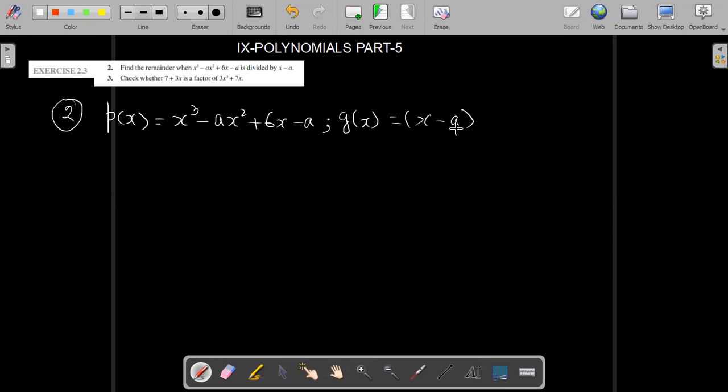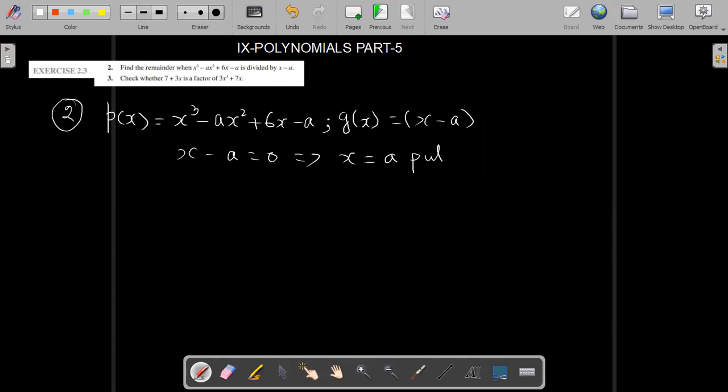Okay. So as per the remainder theorem, we will find the value of x by equating the divisor to 0. So x minus a is equal to 0, which gives us x is equal to a. This you have to put to get the remainder.